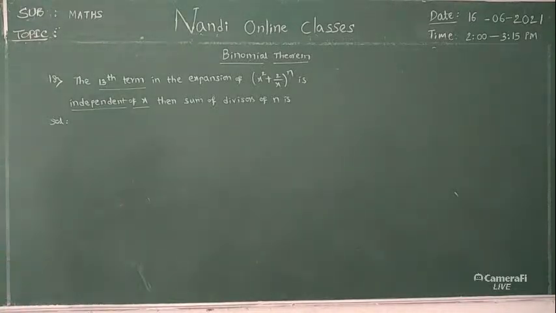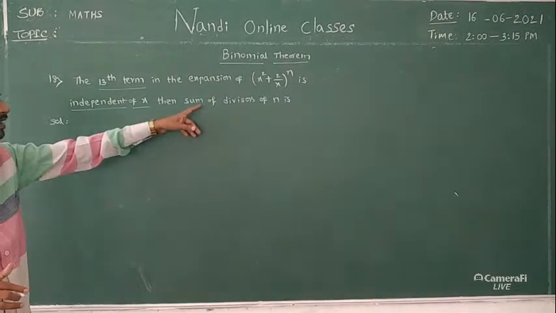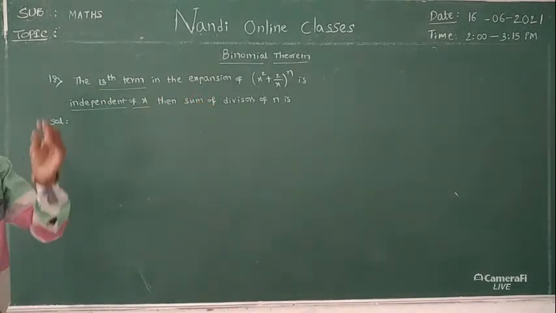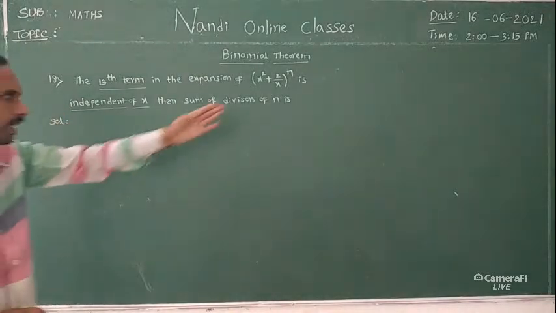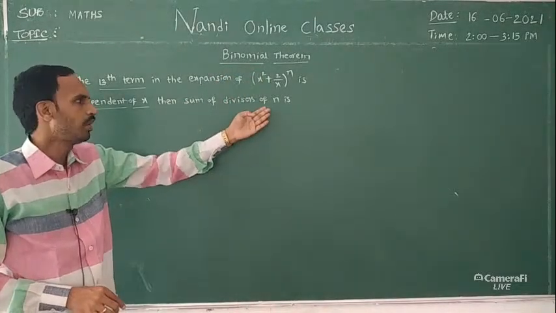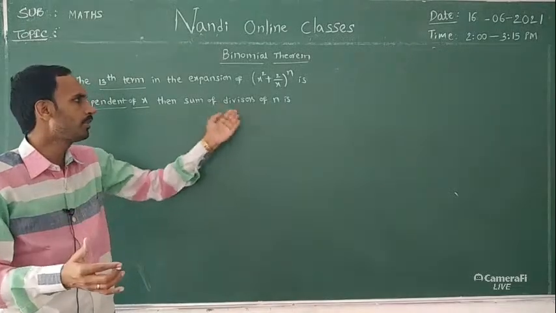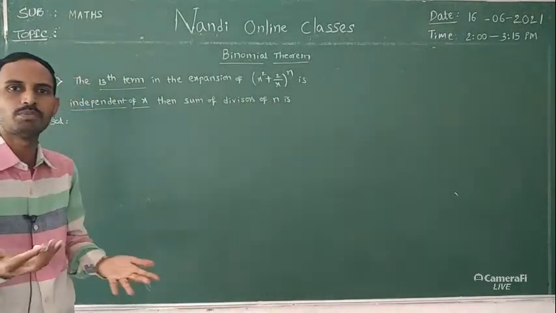So in that 13th term no x should be present. So what is the sum of divisors of n? We want the sum of divisors of n, so I want the n value. If you know the n value, suppose 30, the sum of divisors of 30, like that.